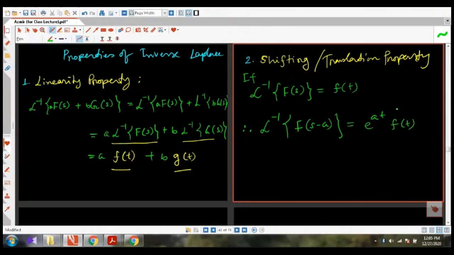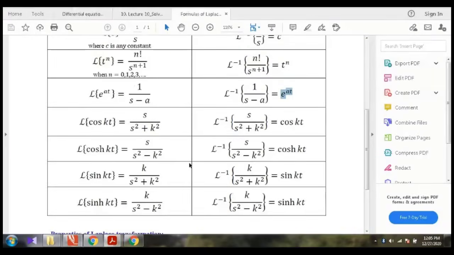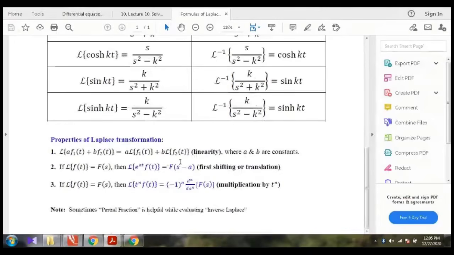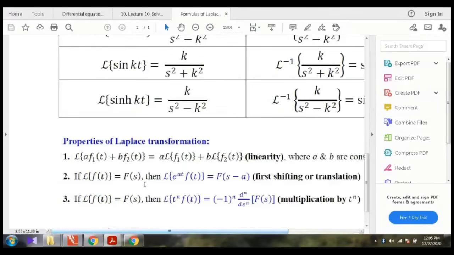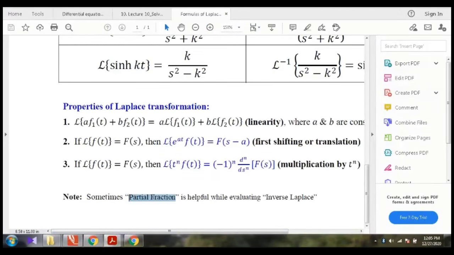So inverse Laplace transformation actually has two properties, while Laplace transformation has three properties. And in the PDF I have given to all of you, you will see that I have mentioned one note: sometimes the method of partial fraction is helpful while evaluating inverse Laplace transformation.